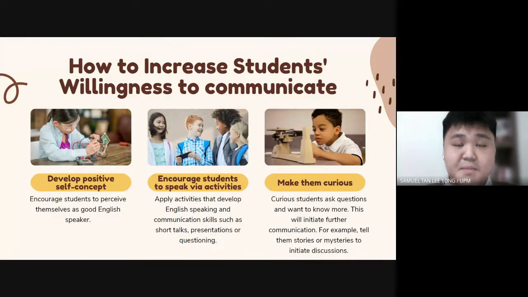We have to develop a positive self-concept. We encourage students to perceive themselves as good English speakers by saying things like, see, English is very easy, and you actually speak English very well, you are a good English speaker, so they can have a positive self-concept towards learning the English language.